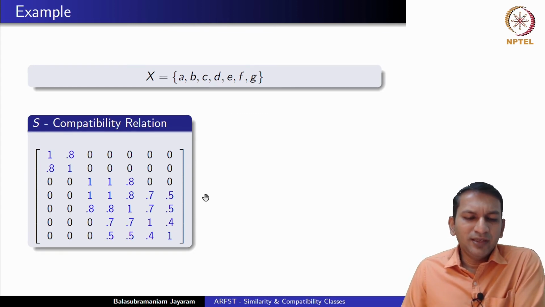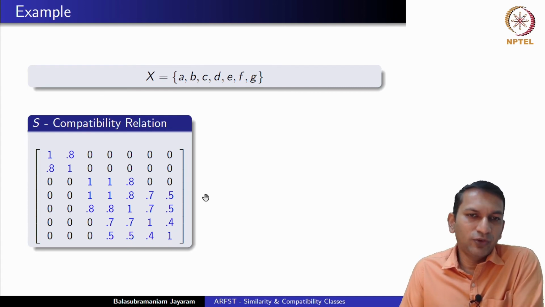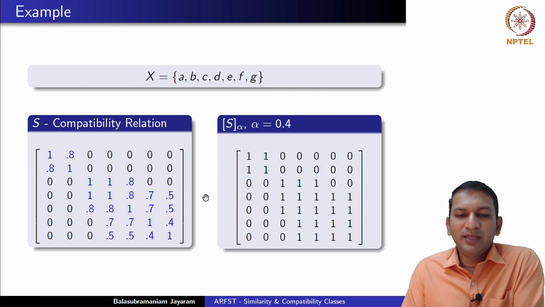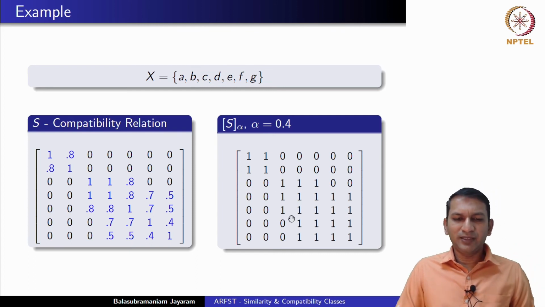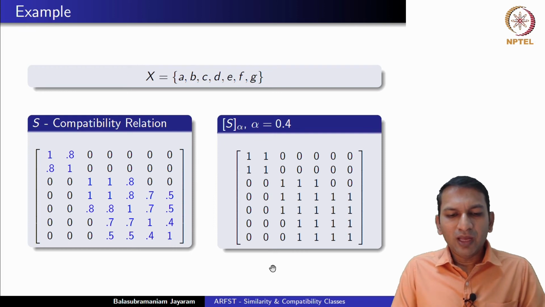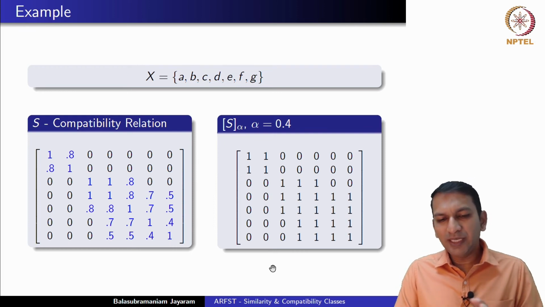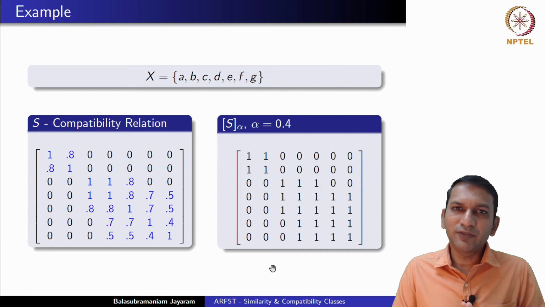Now, once again, let's look at the alpha cuts. There are 5 distinct alphas here: 0.4, 0.5, 0.7, 0.8 and 1. So let's look at the indicator matrix for alpha equal to 0.4. This is what we get here. It does not seem to have a very clear block matrix structure.